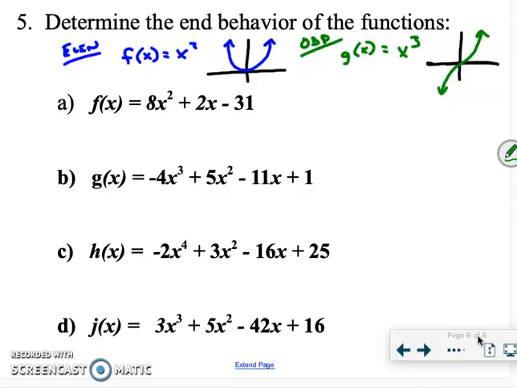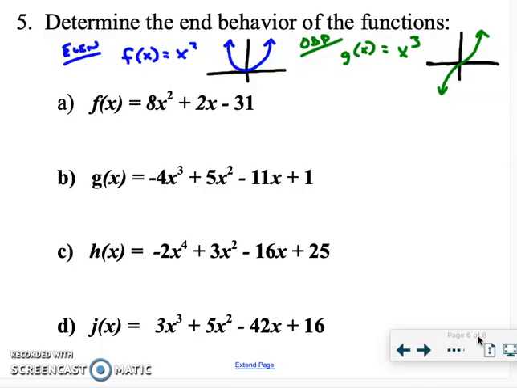So if your leading coefficient is positive, just like it is here in the parent function g of x equals x cubed, then we consider what the cubic is going to be mimicking. Left side is pointing down, right side is pointing up. It doesn't matter what the degree is, so long as it's odd and the leading coefficient is positive, this is going to be your end behavior.